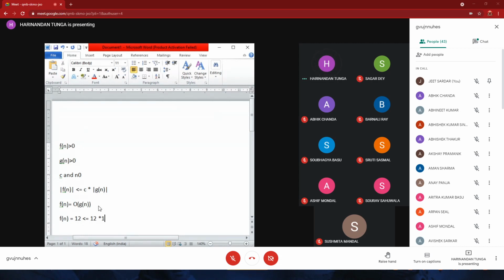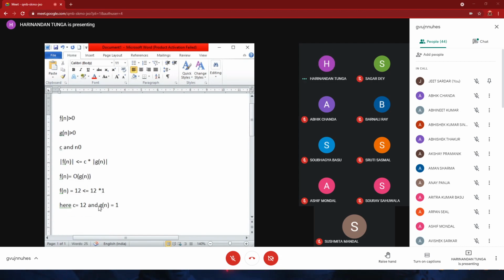You can express f(n) equal to 12 less than or equal to 12 into 1, where here c equal to 12 and g(n) equal to 1.